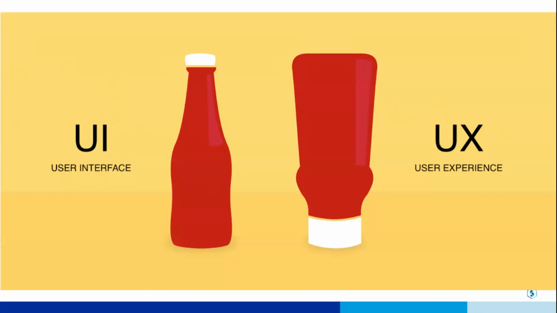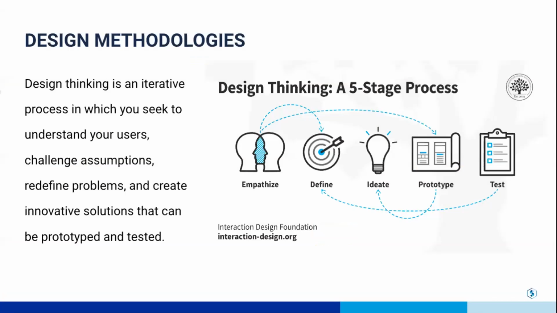Okay, then we are going to talk about design methodologies. To carry out a project, we use certain methodologies. For example, I'm going to talk to you in a general way about design thinking, because it is very large.